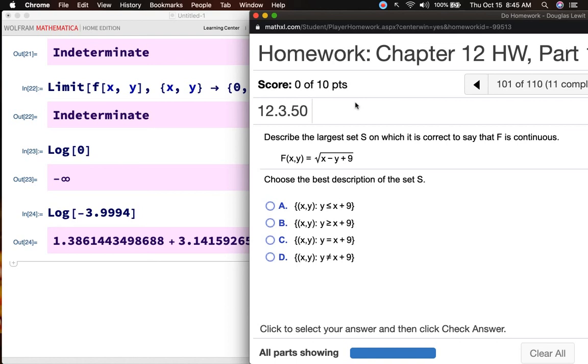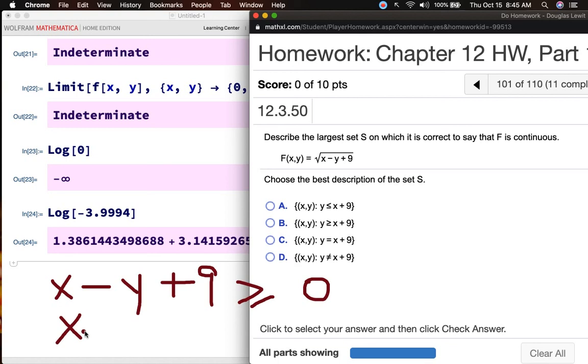Describe the largest set S on which it is correct to say that F is continuous. So again, we're going to have x minus y plus 9 is greater than or equal to 0. So we can change that to x minus y greater than or equal to negative 9.